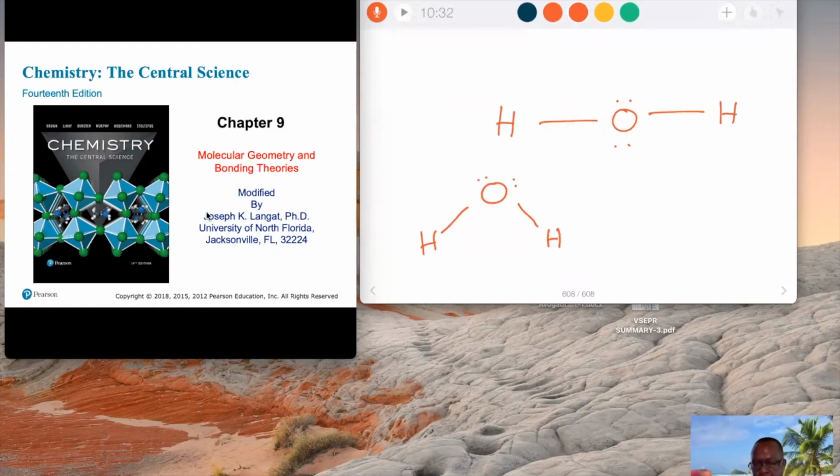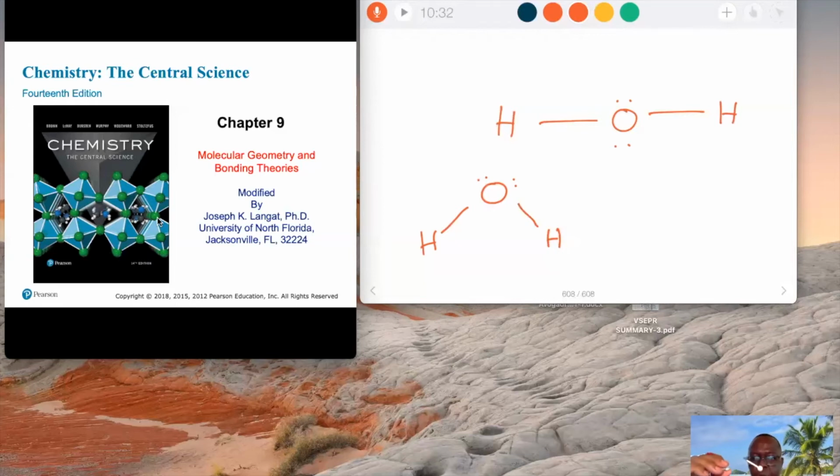Chapter 9 is on molecular models. As I said, in chapter 8 we only learned the Lewis structure of a molecule, and what Lewis structures tell us is only the number of atoms and the type of bonds between them, but they don't tell us the molecular geometry, how molecules look.